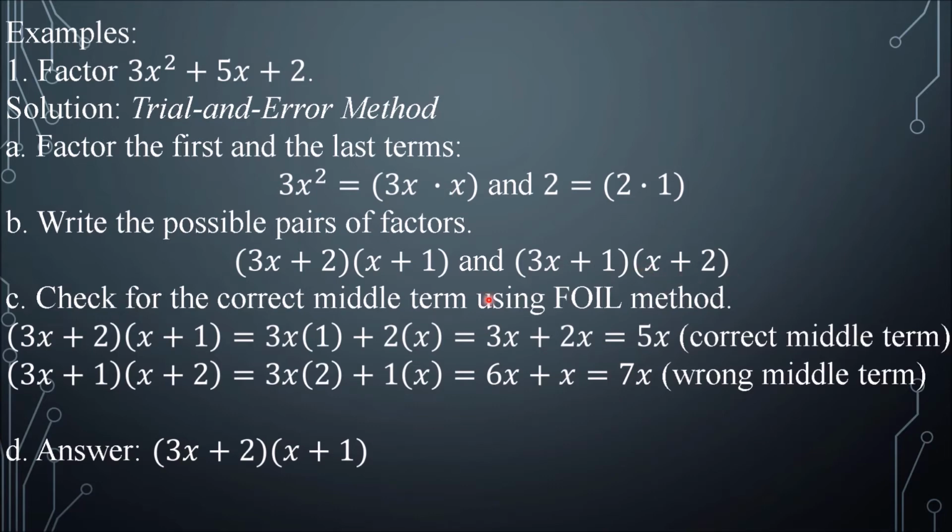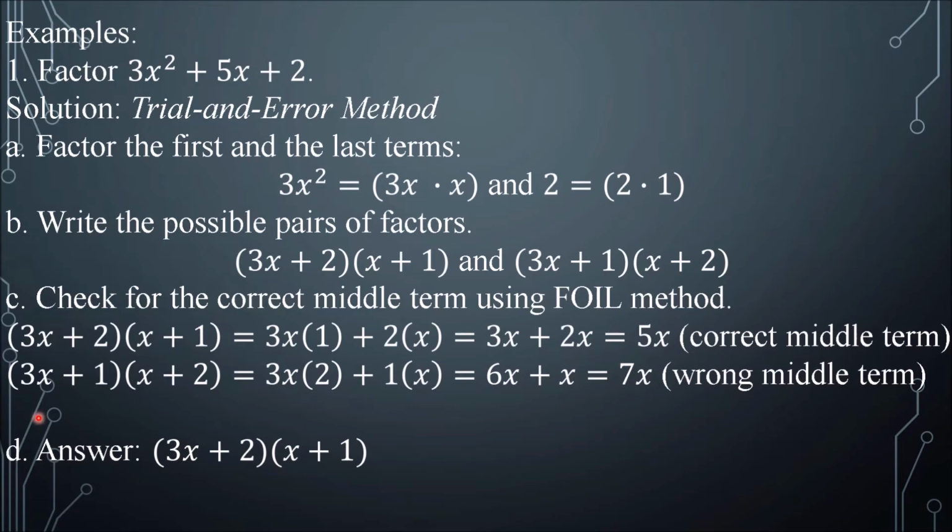Now after that, we need to get the middle term of this using the FOIL method. So we have 3x times 1, that's 3x. 2 times x, that's 2x. Adding that, we have 5x. So, we already got the correct middle term.